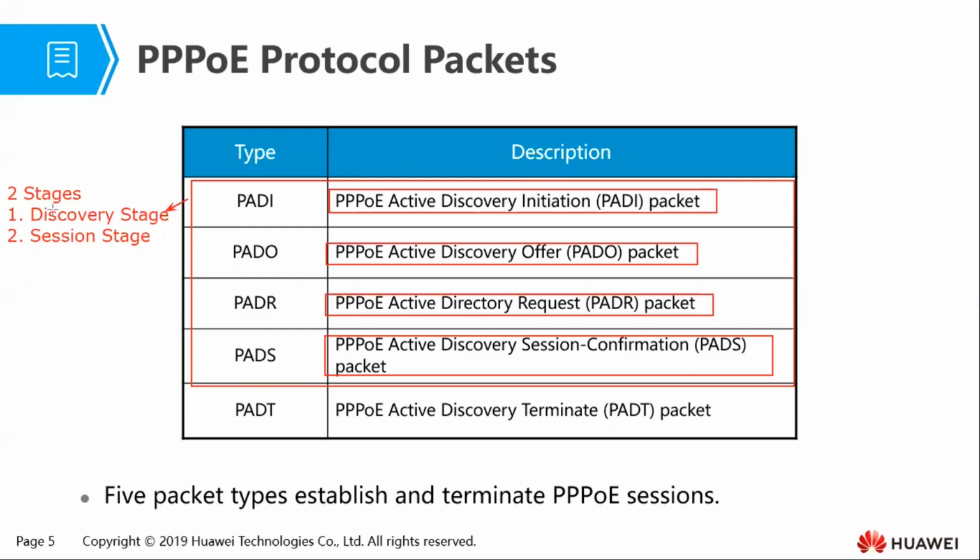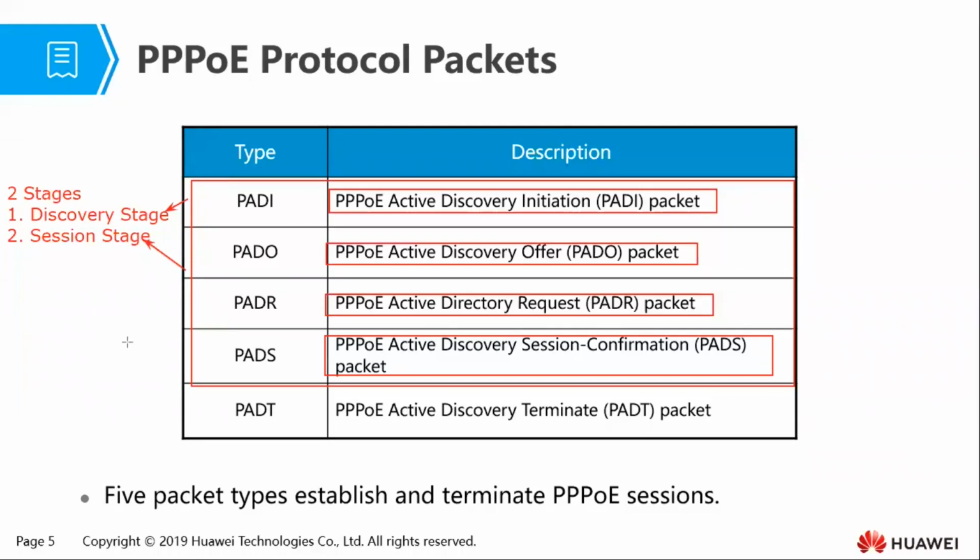Now, after you've been able to form a session between your DSL modem and the PPPoE server, then you enter into the session stage, and that is the only time you can access your remote sites and the internet.